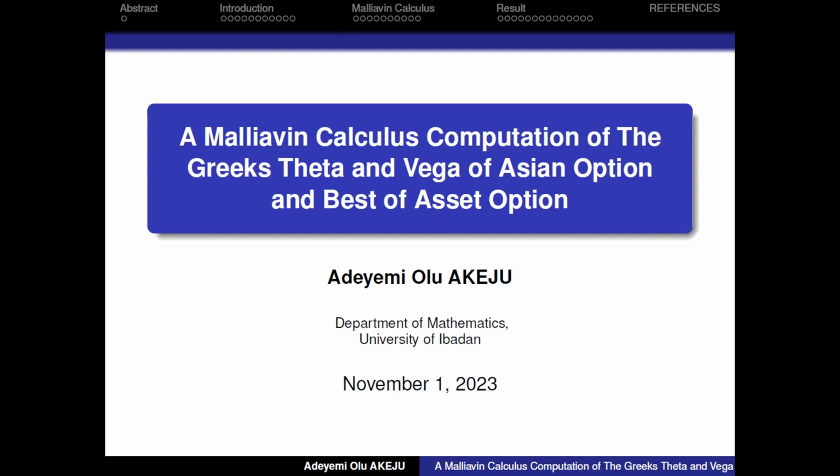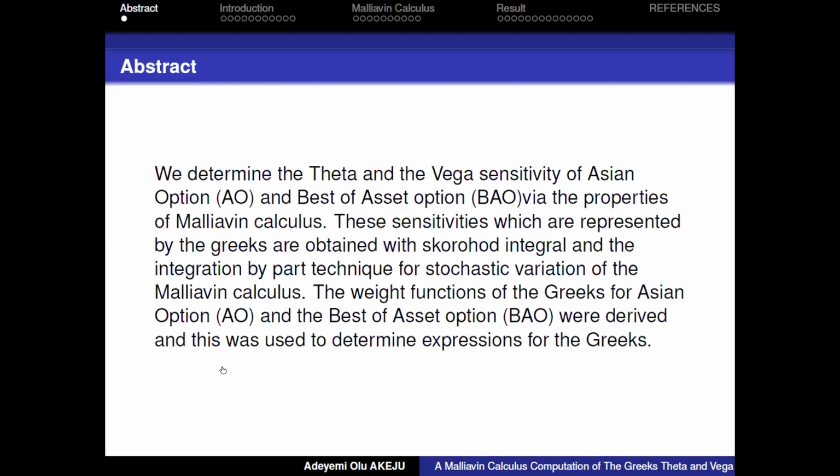So I will be talking on Malliavin calculus computation of the Greek theta and vega of Asian and best of asset option. So the abstract is, in this work, what we try to do is to determine the theta and the vega sensitivity of Asian option and the best of asset option, and we use the properties of Malliavin calculus.